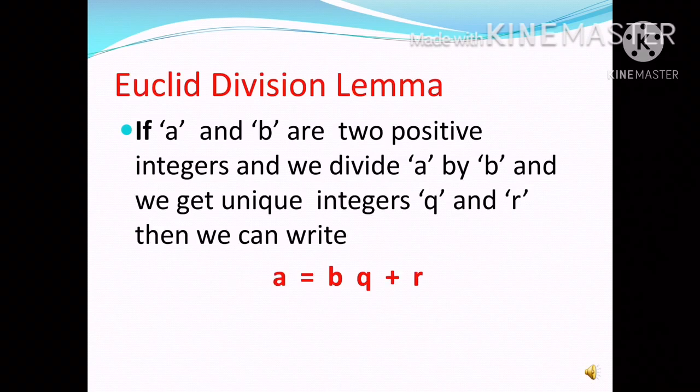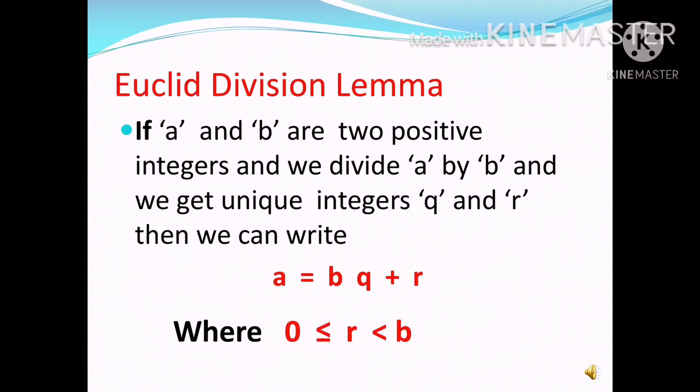And what is the condition on r? That r can be 0 or greater than 0 but is always less than the divisor b. That is, the value of r lies between 0 and b but is always less than b.